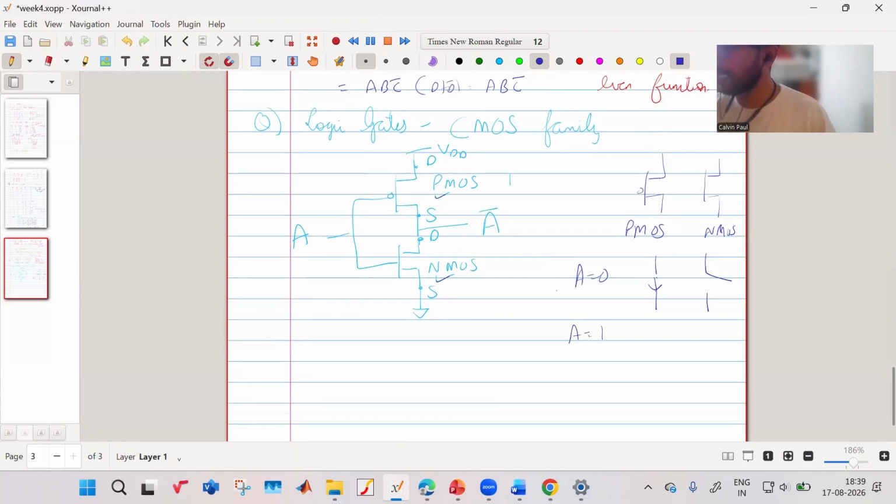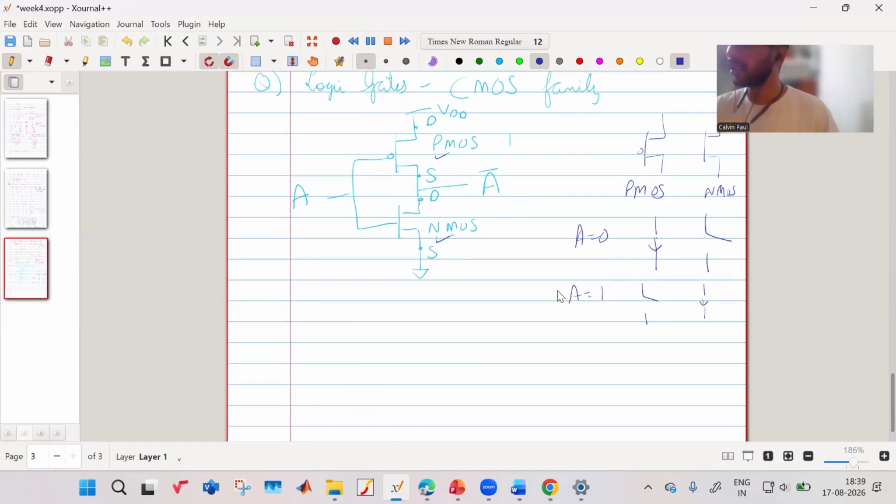When your input is high, your PMOS becomes open, and your NMOS gets shorted. That means it gets connected. That is, the switch is closed. Okay, so this is the basic functionality of your PMOS, NMOS, and this forms your complementary metal oxide semiconductor family, which is known as the CMOS transistor.